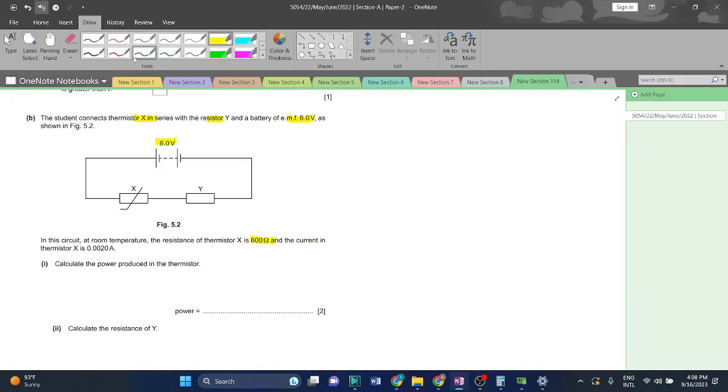So as we know, in series the current will stay the same across the whole circuit.